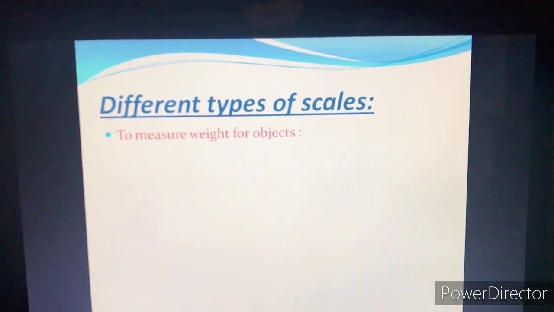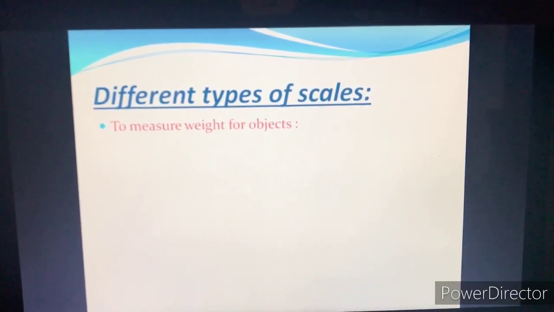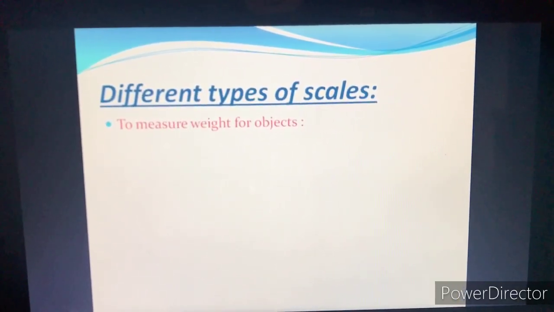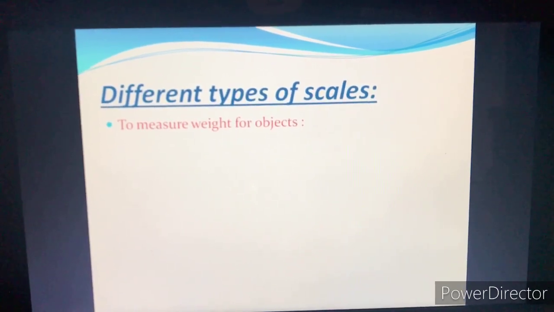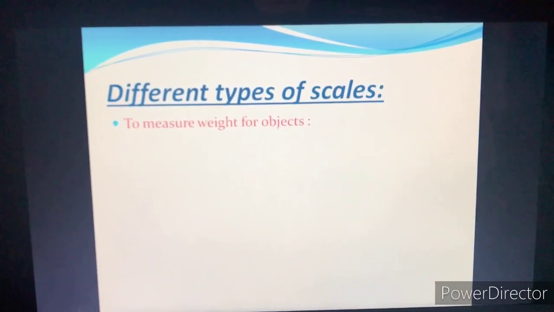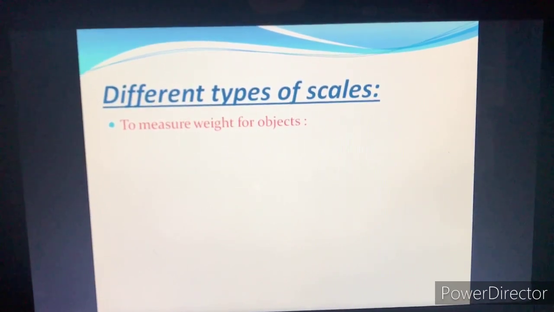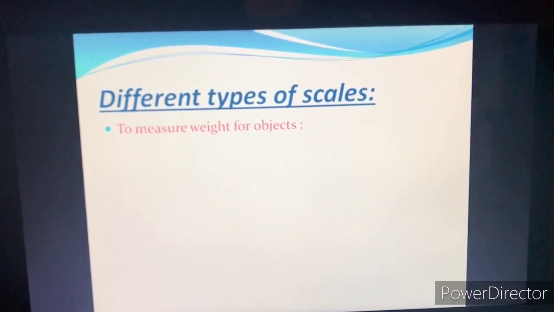Here you go. Now I'll show you different kinds of scales through which we can measure the weight of objects.